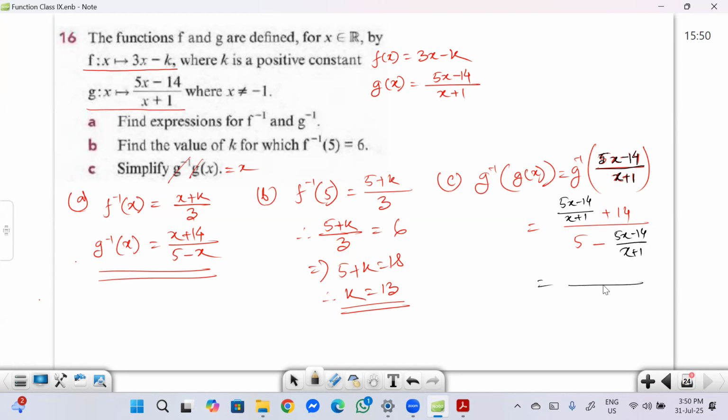So now if you simplify, at the numerator, x plus 1 can be taken as LCM. 5x minus 14 plus 14x plus 14. See?